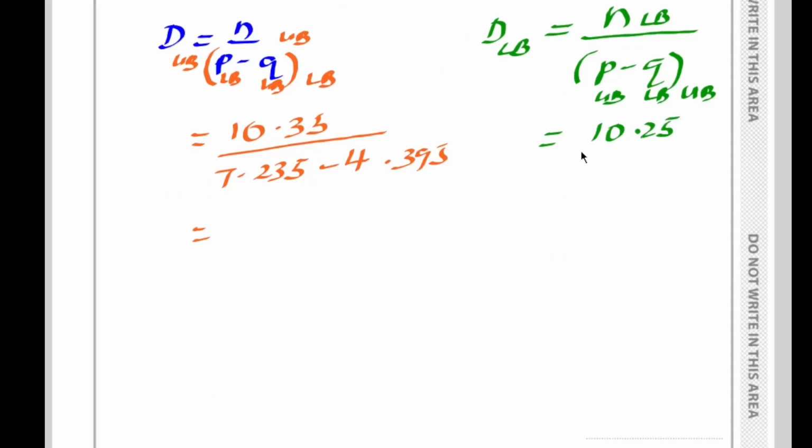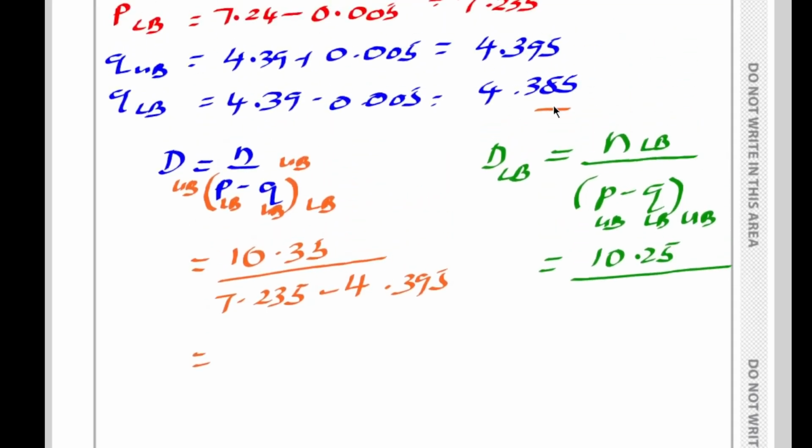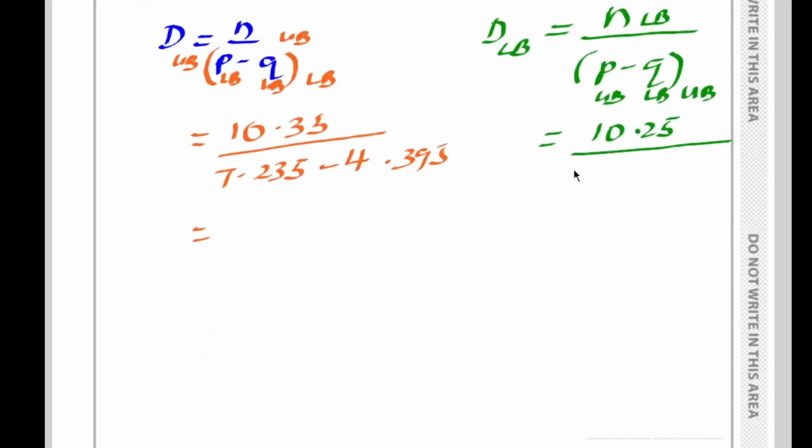Upper bound of P is 7.245. Lower bound of Q is 4.385. Once you use the calculator, the answer for this one is 3.64436.